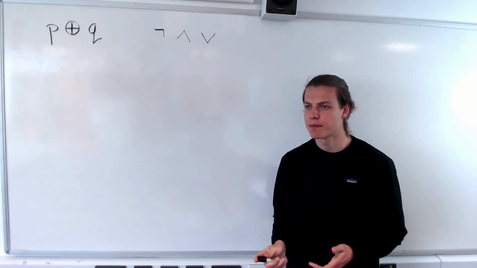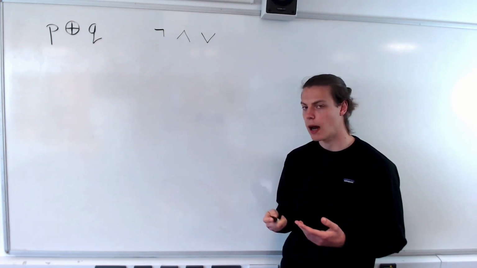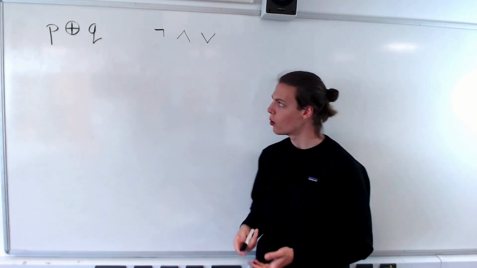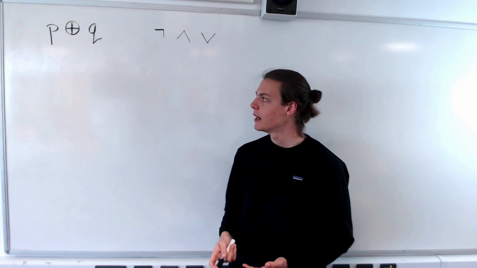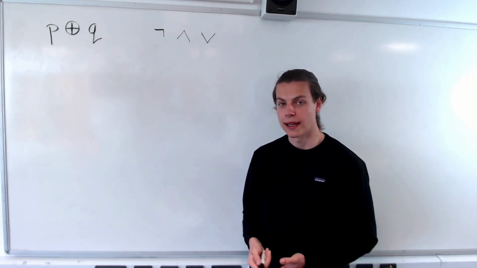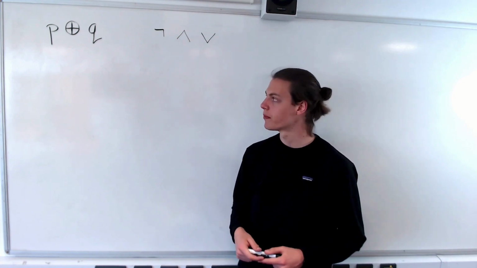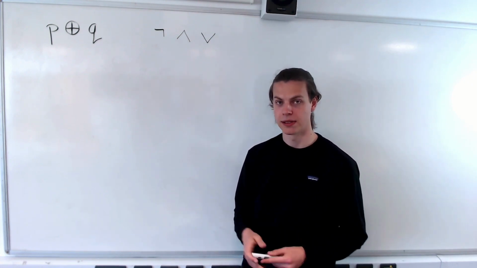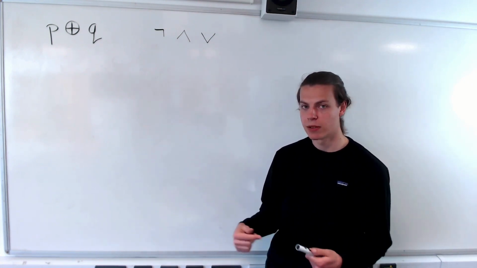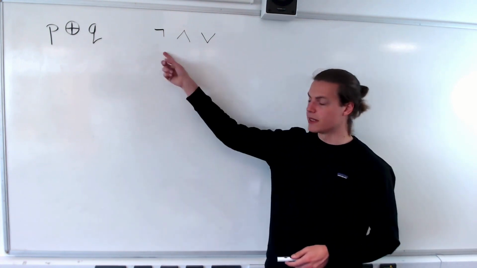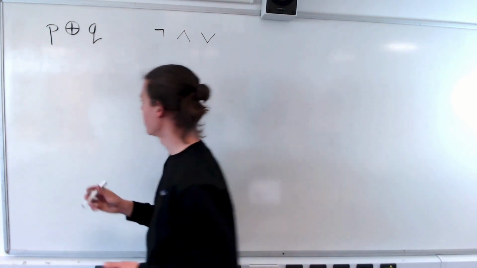Now we could say that either P is true or Q is true, and it is not the case that P and Q are both true. Now this is an equivalent statement, and we can write this statement using our standard operators.